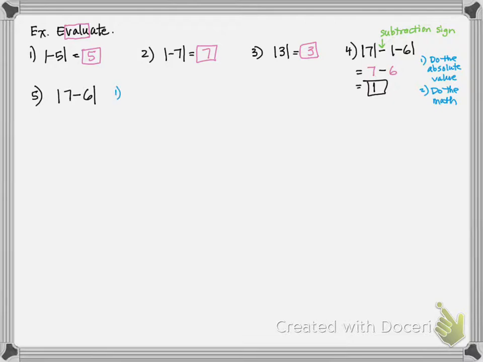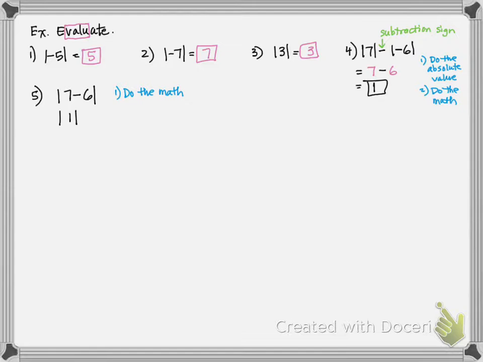So first off, I'm going to do whatever's inside the absolute value. It's a grouping symbol. Okay, so we're going to do the math. So 7 take away 6 is equal to 1.